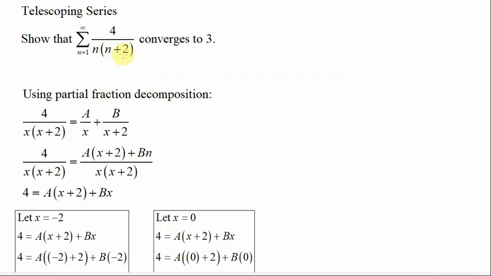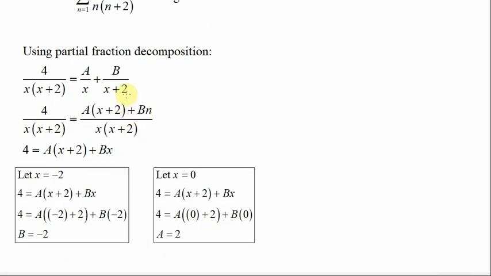An equivalent expression would be 4 over x times x plus 2, and we can rewrite this as some constant a over x plus some constant b over x plus 2.